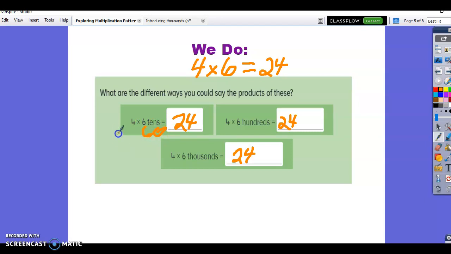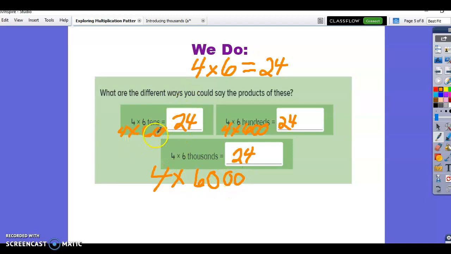That represents 4 times 60. And then this one is 600, so you have 4 times 600. And then this last one is 4 times 6,000. So you have to remember how to build those numbers.